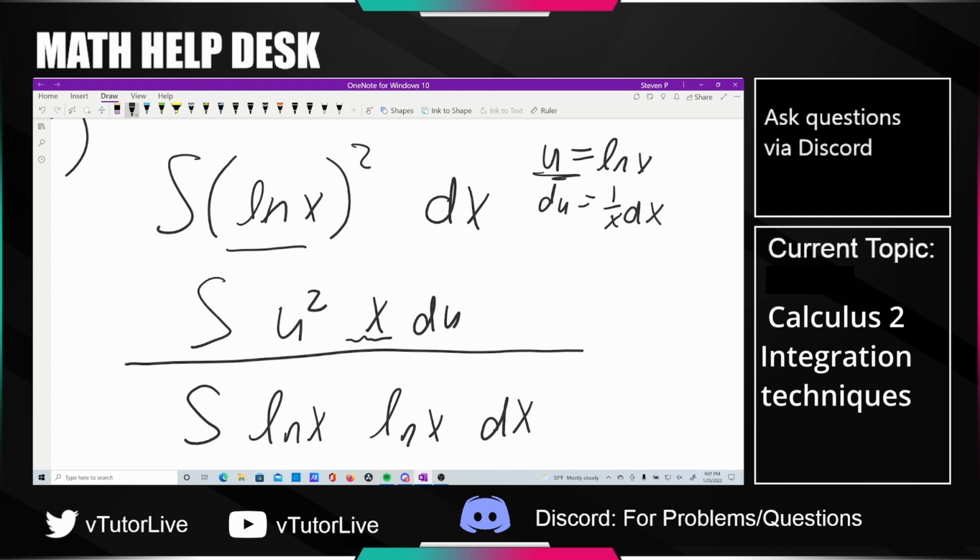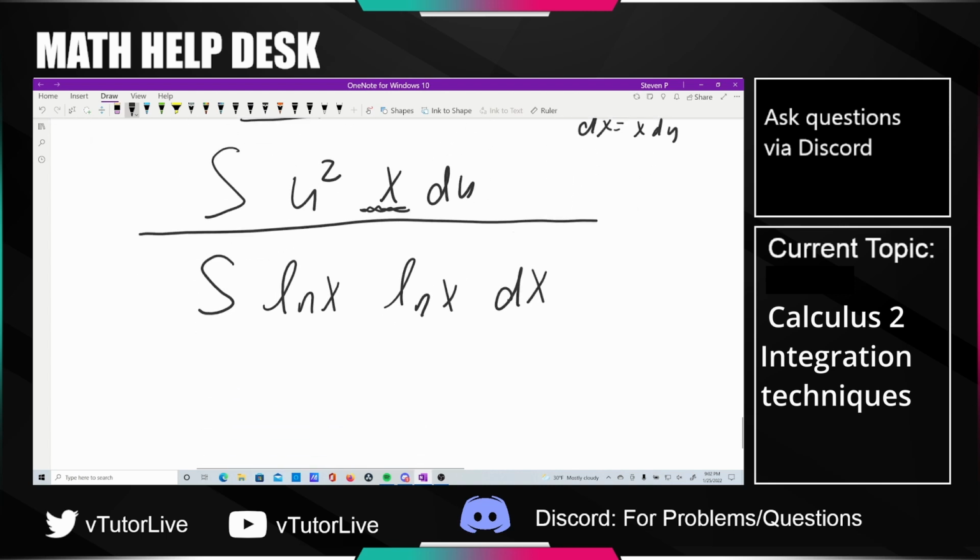U-substitution works well when, let me put it this way, if there was an extra factor of 1 over x in front, this would have been great because then this entire thing would have been du, and there would be no x here. But unfortunately for us, this 1 over x is not there, which means that when you replace dx with x du, you have this x left over that you just can't do anything with.